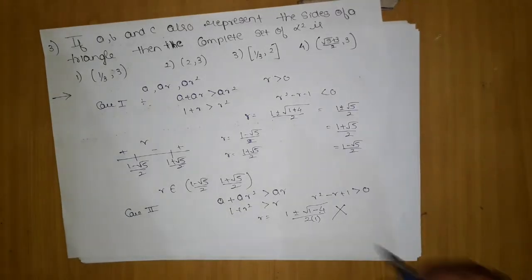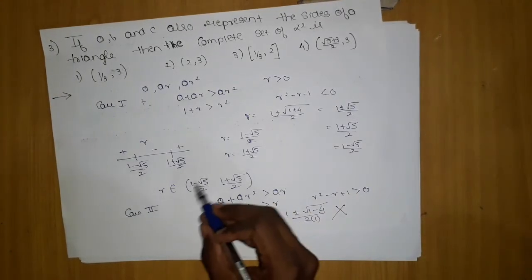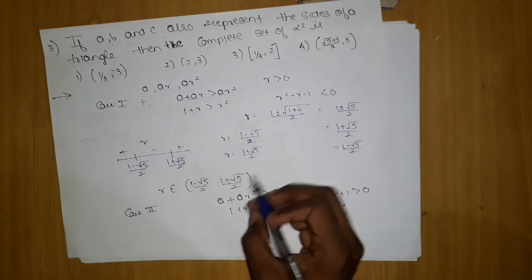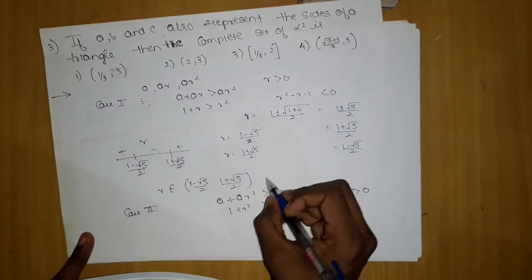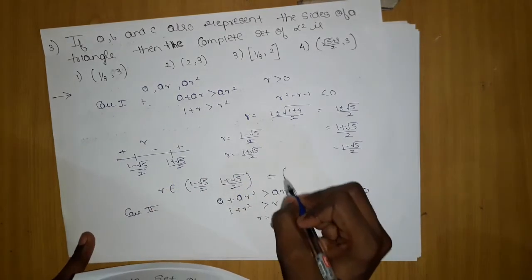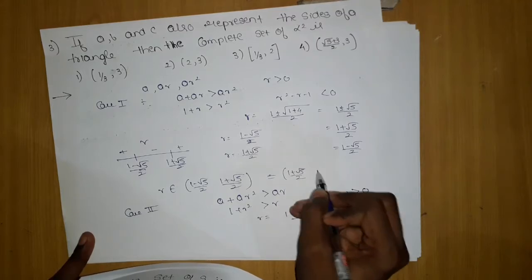This one is negative, so the final answer will belong to (1 plus under root 5)/2 to infinity.